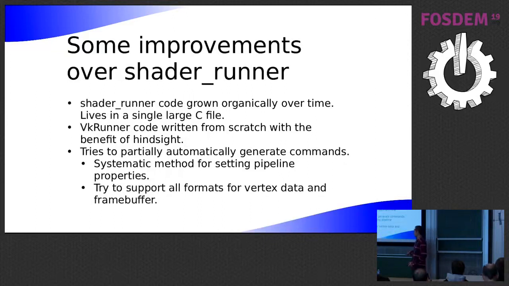So there's a Python script in VkRunner to make a C table out of those enum names, and then VkRunner can work with all the formats. If you have your framebuffer in any format, VkRunner can use the C table to work out how to extract RGB values from that to probe the buffer.